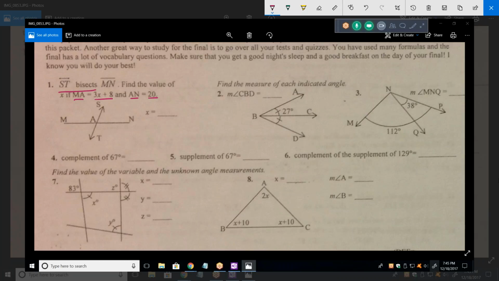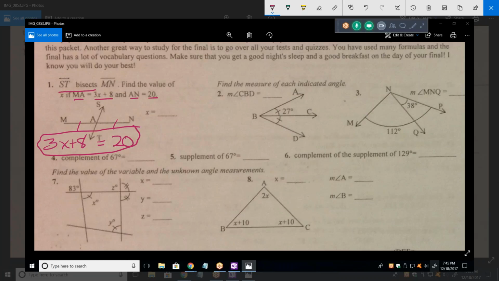What does that mean? What's bisect mean? It splits it into two equal parts. So if these two parts are equal, then that is equal to that. And since the one on the left is 3x plus 8, and the one on the right is 20, that gives us an algebraic equation that we can solve to answer this.